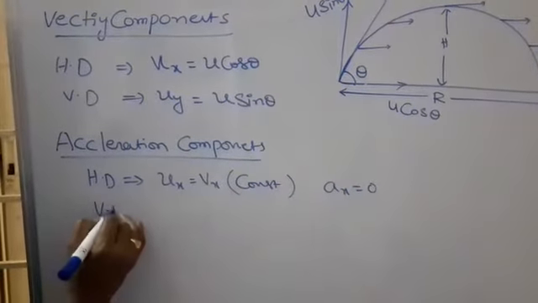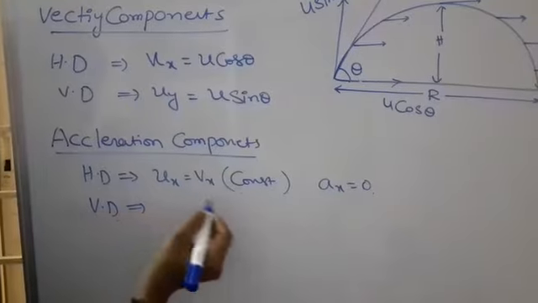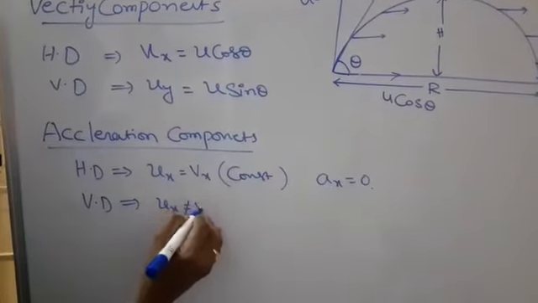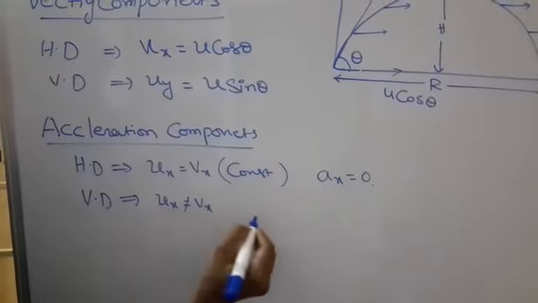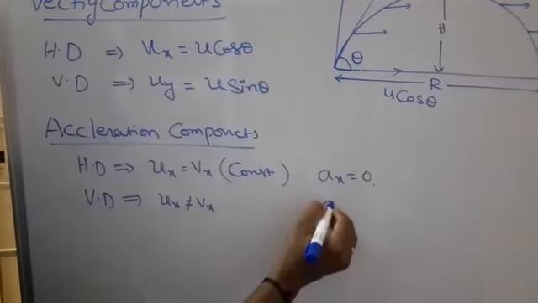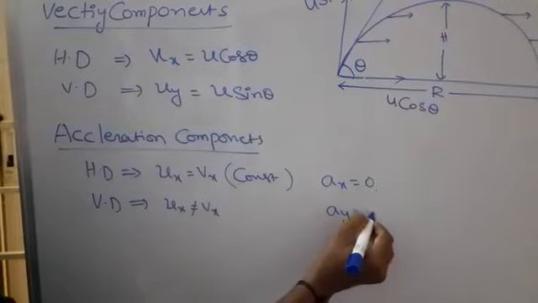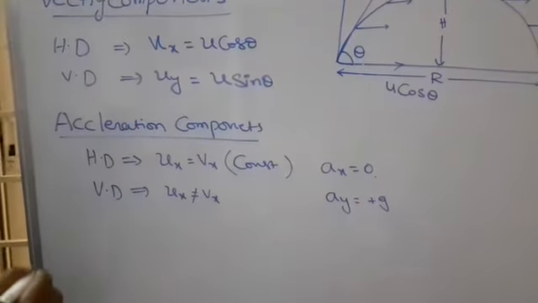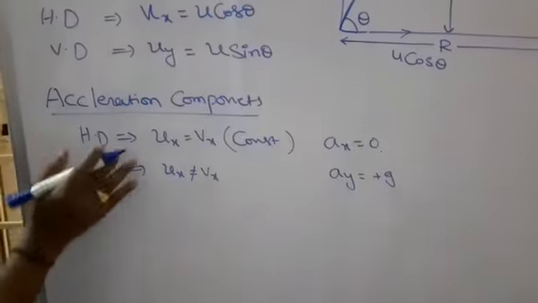In the vertical direction the velocity changes, so uy is not equal to vy, and the acceleration ay is equal to g at any point. So these are the acceleration components.